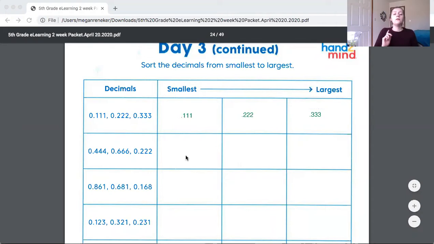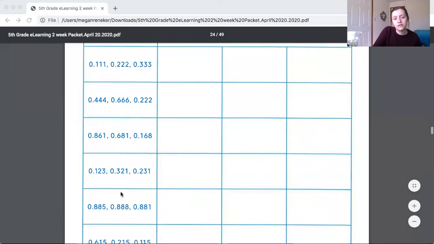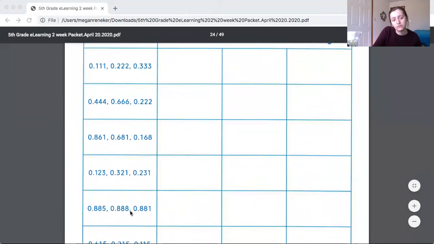Okay, now you might be asking, what if the numbers in the tenths place are the same? Okay, just like we have in this problem down here, in problem number 5. Well, that's a great question, and I'm going to show you how to handle that too.